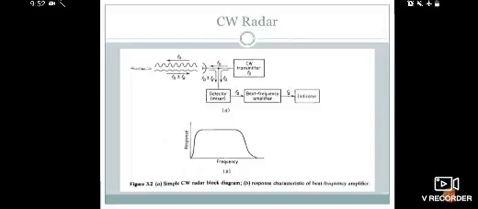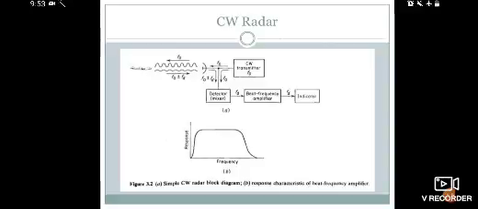When we observe the signal from the target, which is a moving target, the frequency changes. If the target is moving towards the antenna, the frequencies add, and when it is moving away from the antenna, they differ.